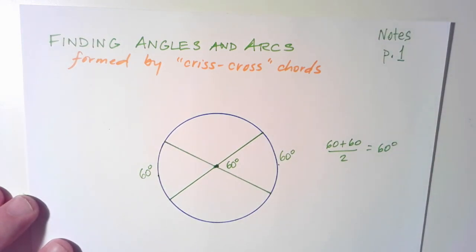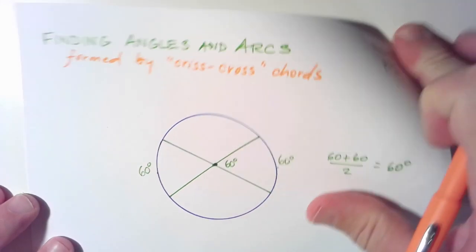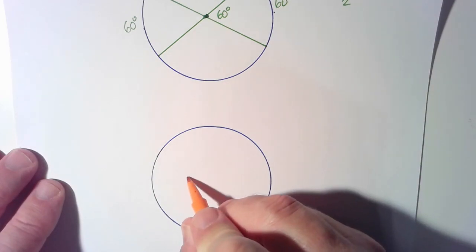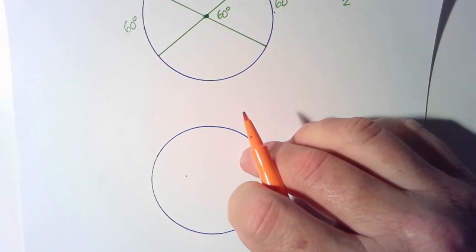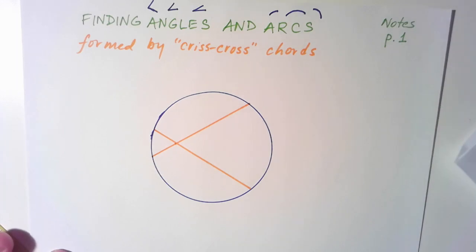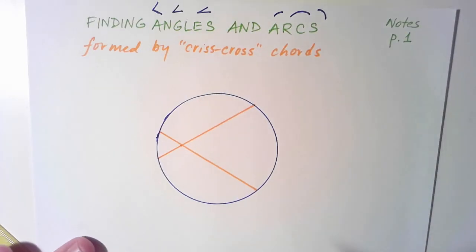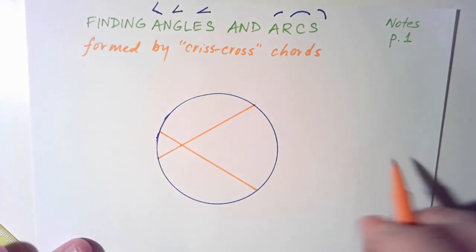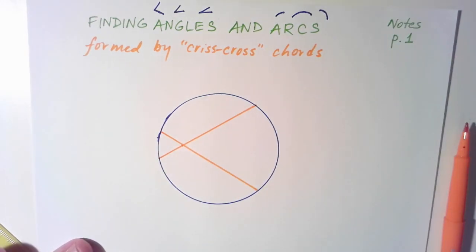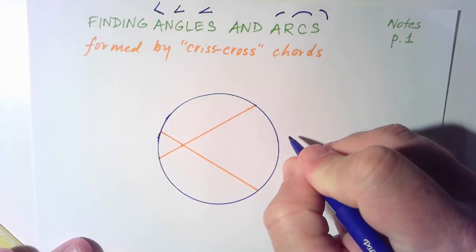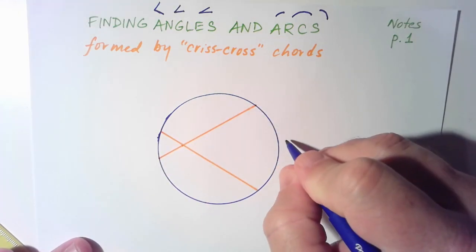But now we're going to go a little off center here. We're going to move the intersection of our chords. If I drew this right, I still drew the same size angle, but now this arc is about a quarter of a circle.